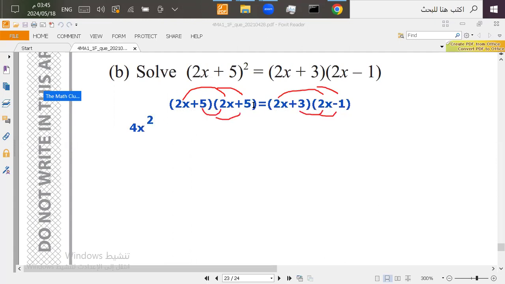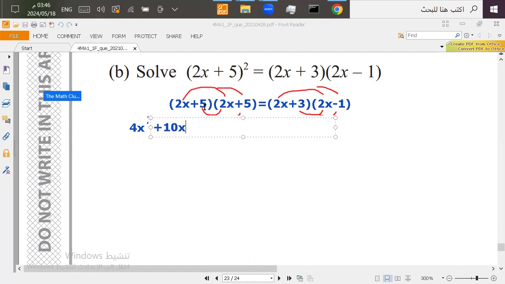And then 2x times 5 is going to be 10x, so plus 10x. Follow the steps so you don't have problems. Don't jump from a step to another, because if you jump to the next step, you might not know where's the problem. Now I'll multiply the first one by the first and the second.